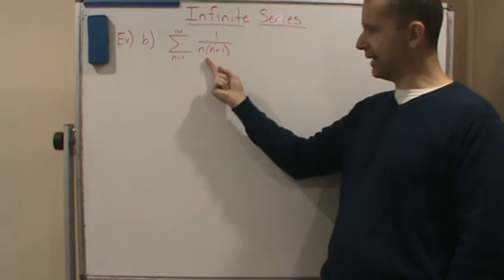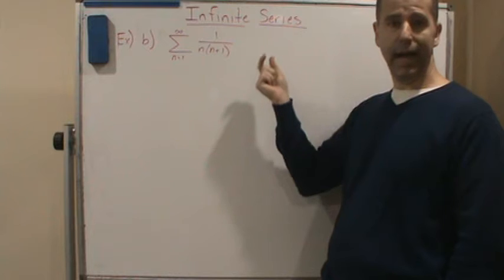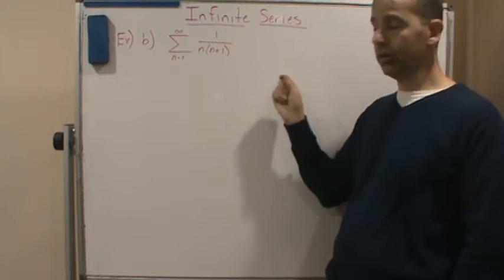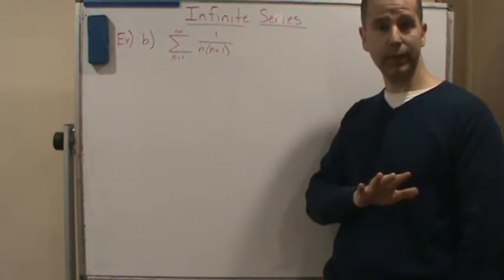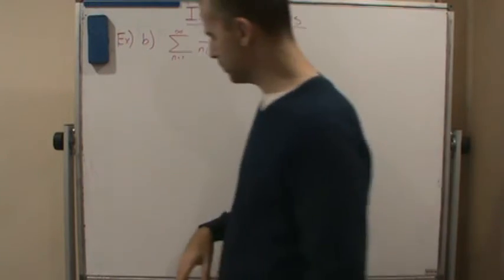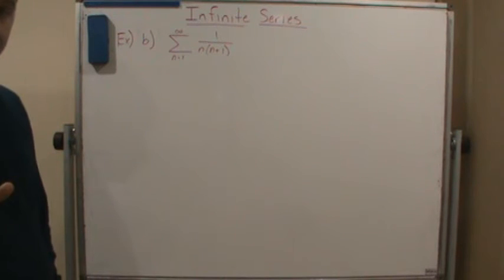You're constantly adding something, but you're adding something smaller. So the amount that you're adding to each term is getting smaller. So I would suspect that this is probably going to converge, but let's see, okay? Again, just a little gut check there. Maybe, maybe not.